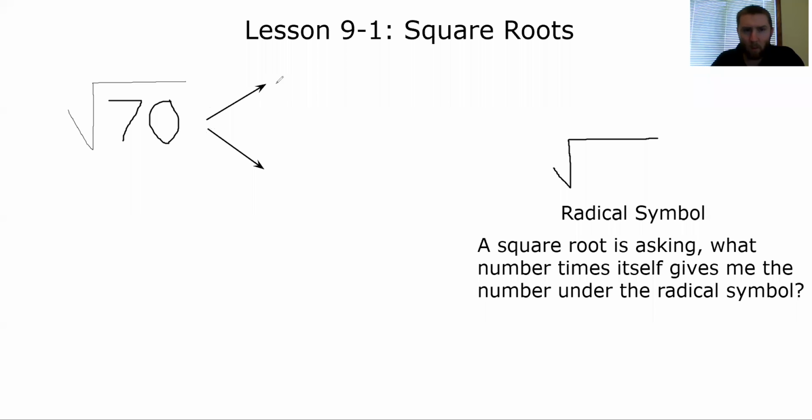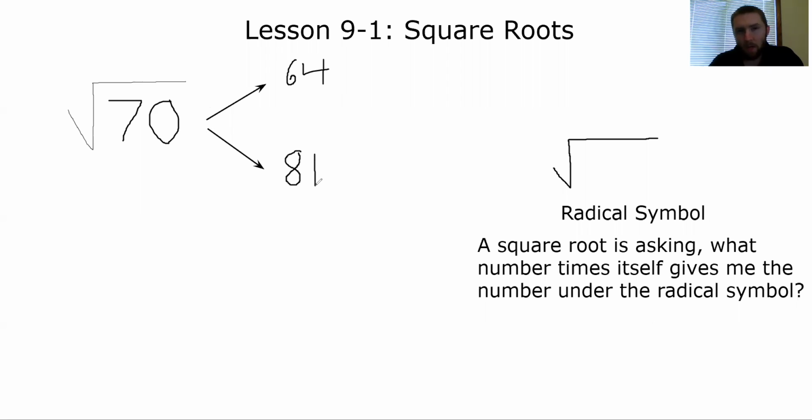That's as high as I can get in my list without going over 70. And then if I start at 70 and look for the very next number in my list, the next number after 70 would be 81.